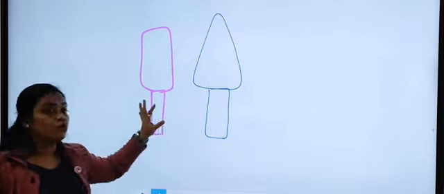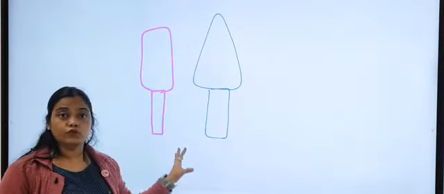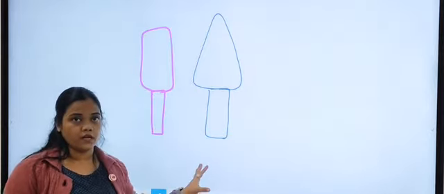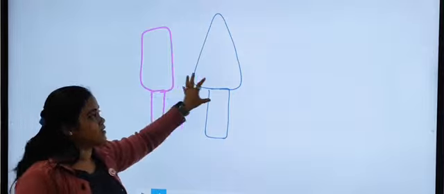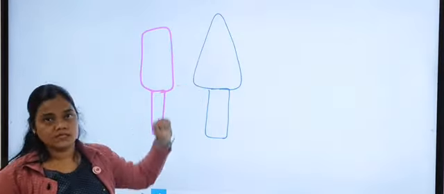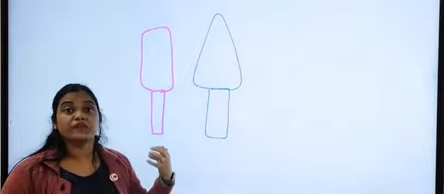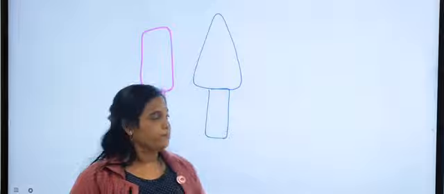Two types of photoreceptor cells are present in the photoreceptor layer of the retina. What are the differences between them? First we will discuss the similarities between them.